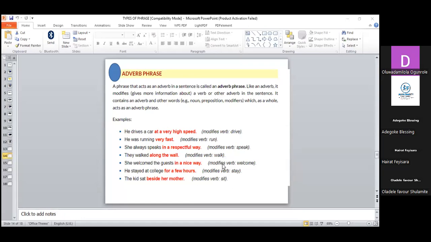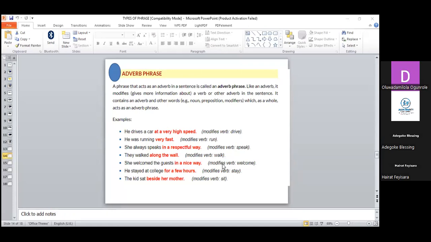So an adverb or an adverb phrase will usually connect itself with the action in the sentence. The second one is, he was running very fast. The question would be, how did he run? So we can now say he was running very fast.